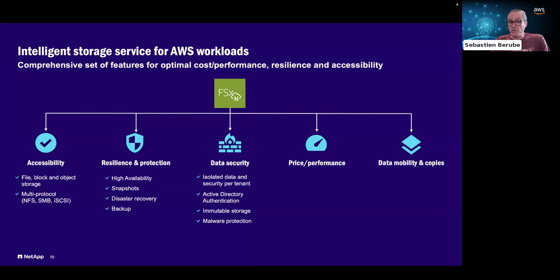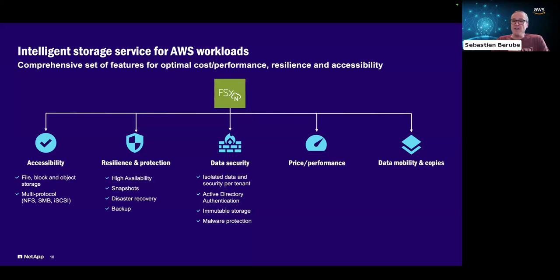We also have immutable storage, and that is super cool because if you have been working with NetApp for a while, you're familiar with SnapLock. SnapLock was introduced here in AWS and FSx for NetApp ONTAP earlier this year, but one thing that we've also done is we've made that free of charge. There's no extra charge, there's no licensing cost to running SnapLock within AWS.